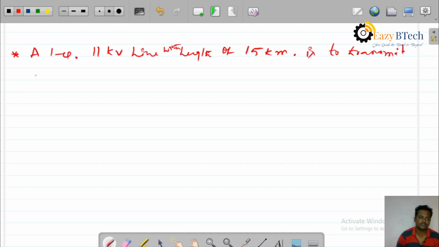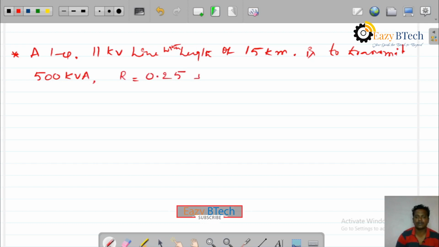The resistance of the line is 0.25 ohm per kilometer, and inductive reactance of the line is 0.6 ohm per kilometer.